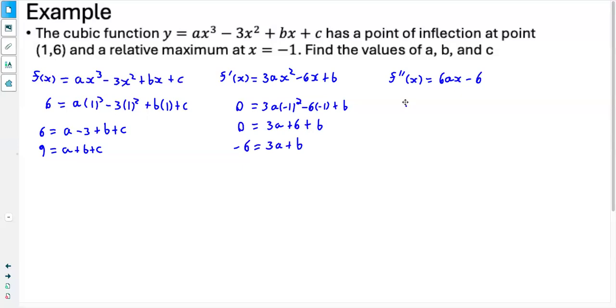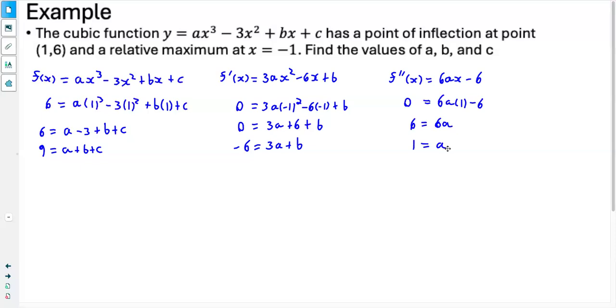So we know that 0 is equal to 6 times a times 1 minus 6. Now moving this 6 to the other side, we get 6 equals 6a. So when we divide both sides by 6, 1 is our a value.